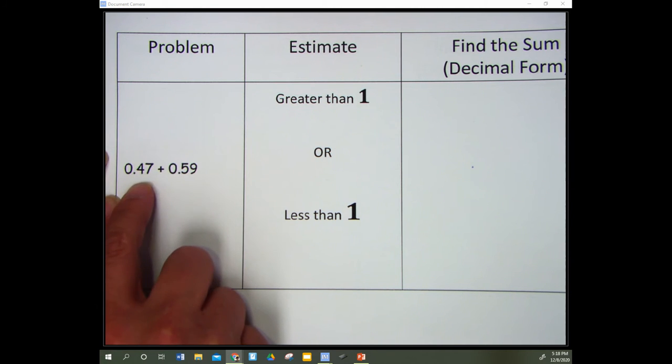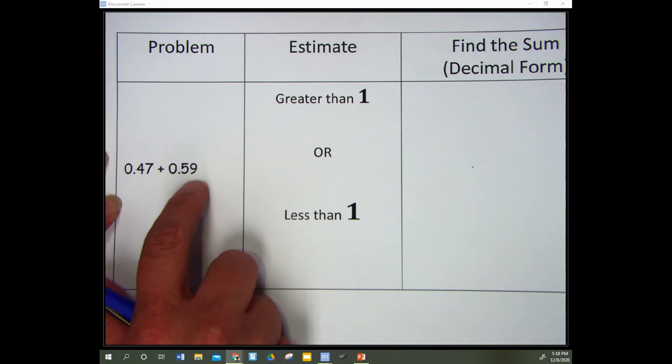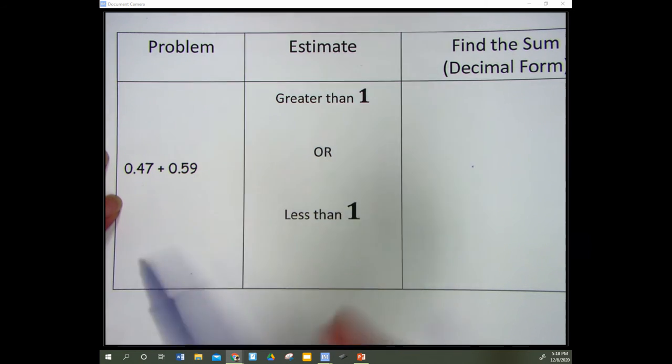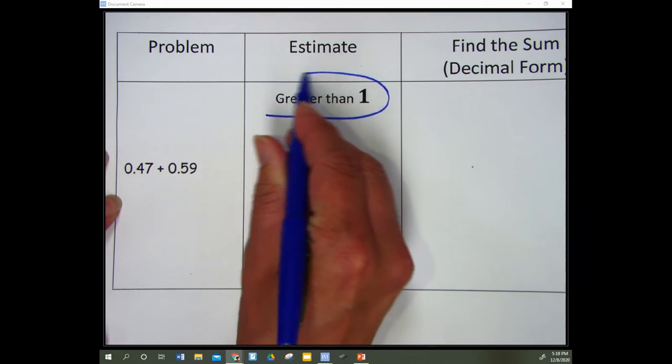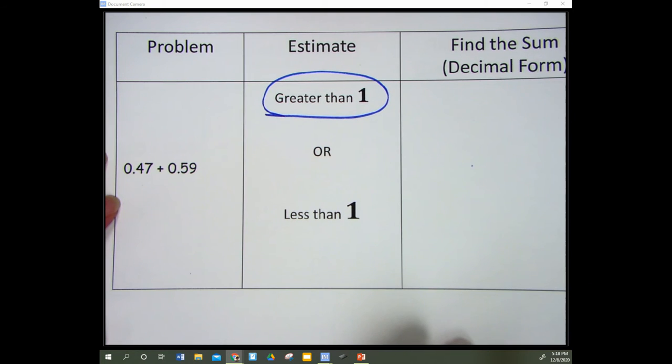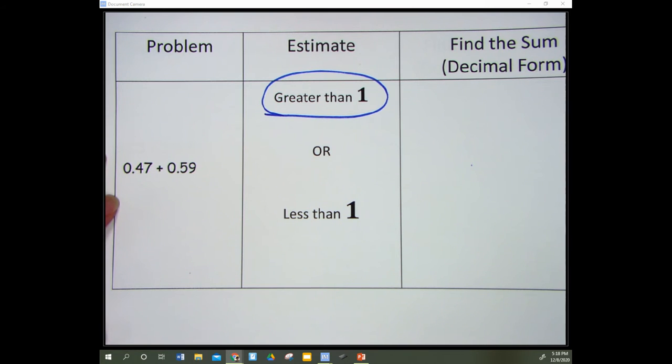When I combine these two, I'm going to get something that is greater than 1 whole, because this is almost 1/2 and this is 9 hundredths more than 1/2, right? So greater than 1 whole would be my estimate. Now go ahead and find the exact sum of 47 hundredths plus 59 hundredths.